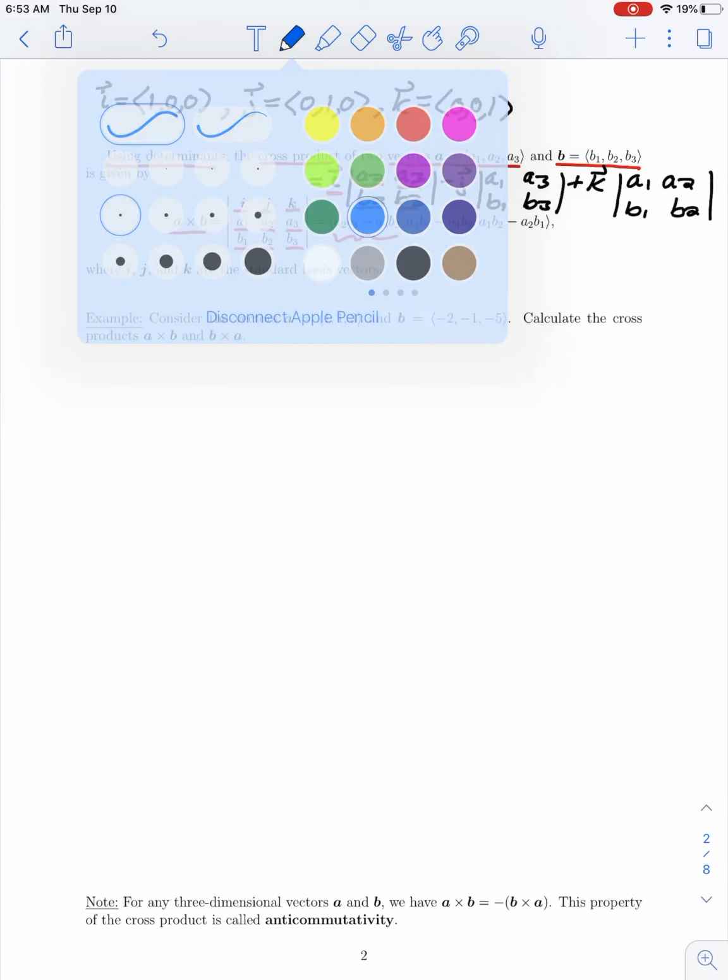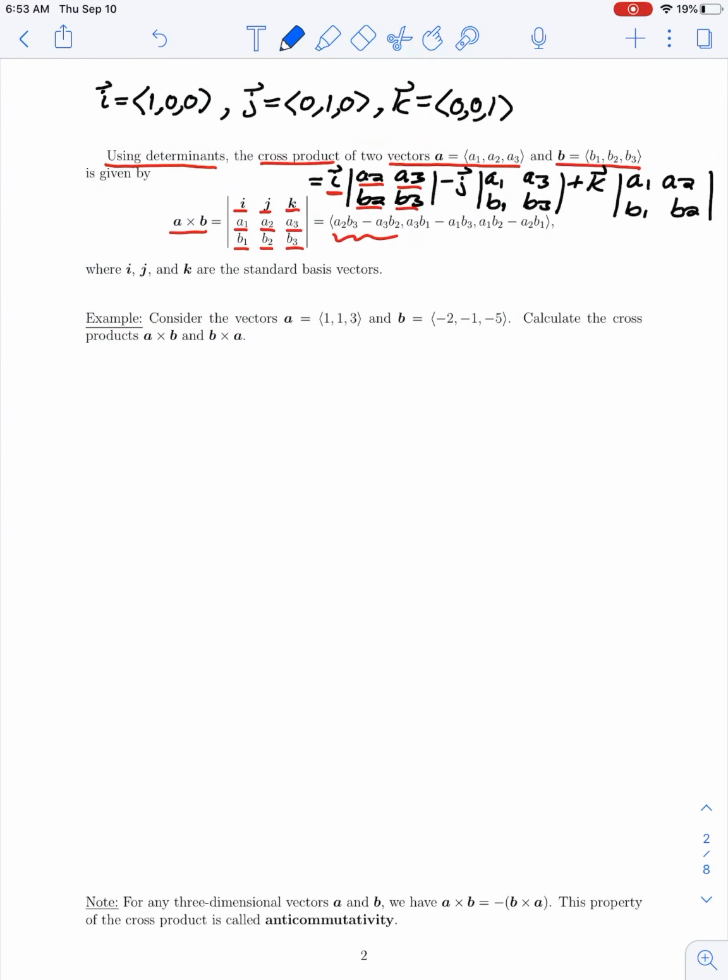Then for our second component, we have the negative of the determinant of this 2 by 2 matrix, which would be A1, B3 minus A3, B1. But taking the negative of that, we get a positive A3, B1 minus A1, B3.